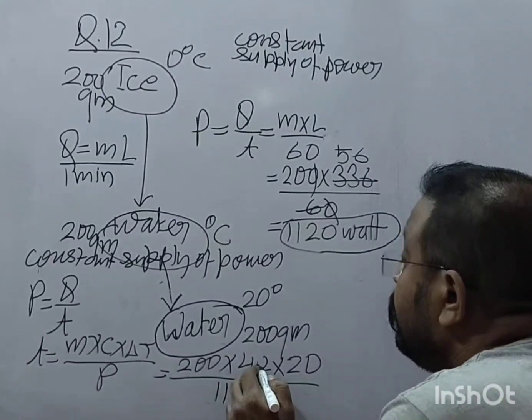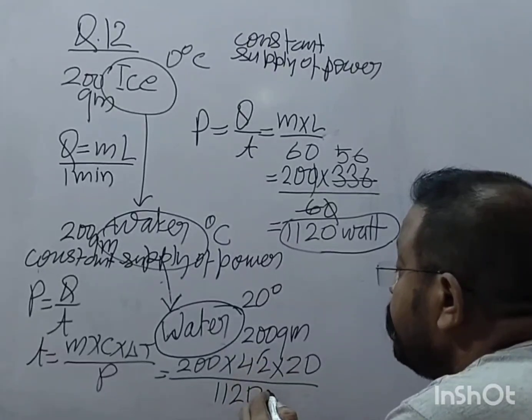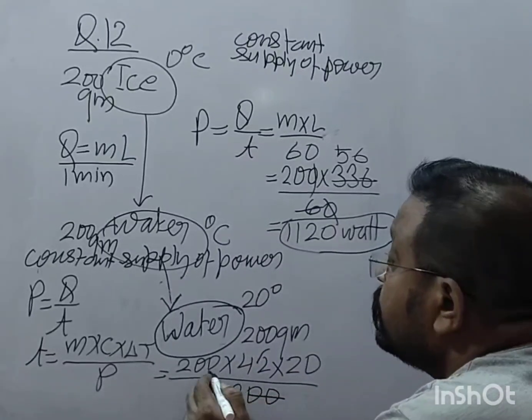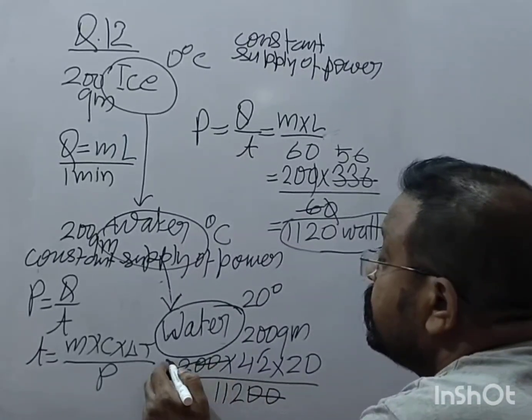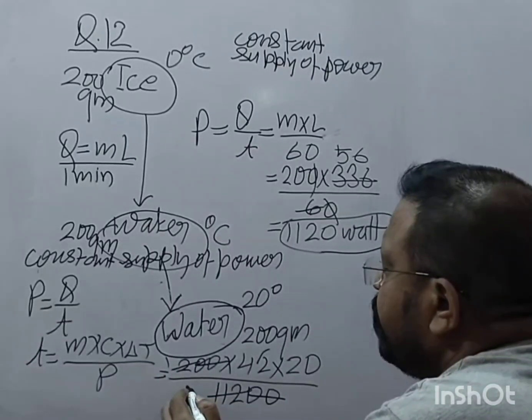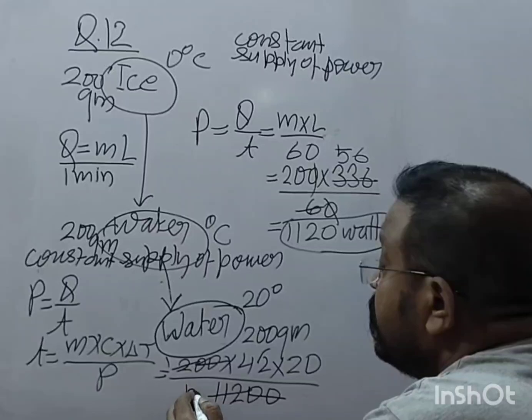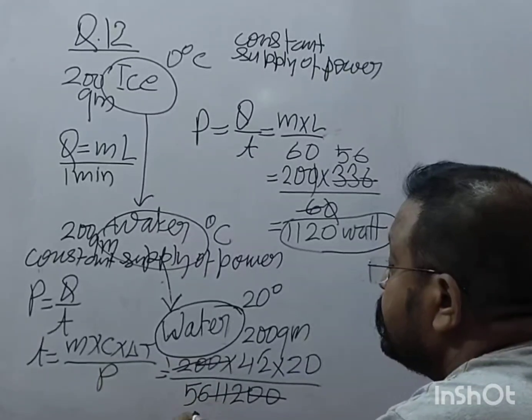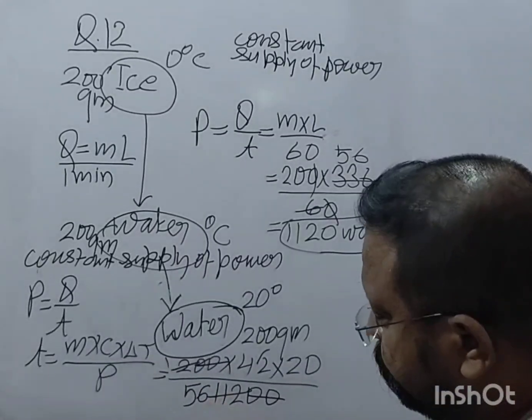Right. So we remove one decimal from here, we take one zero here, these two zeros are cancelled out. 5 times 2 becomes 10, and 6 times 2 becomes 12.